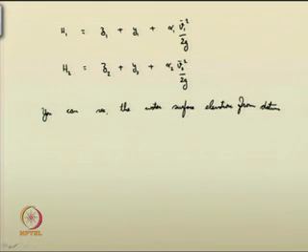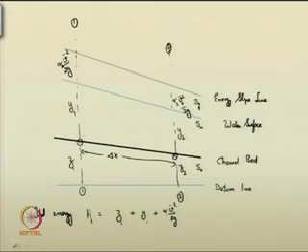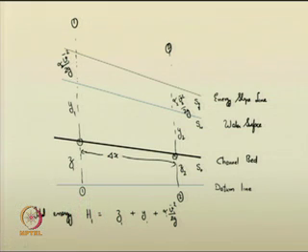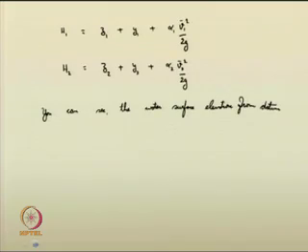I can just make another parameter now, such a way that the water surface elevation at this particular location from the datum line is now called capital Z1. Similarly, this elevation is called capital Z2. Like this I can identify two parameters.